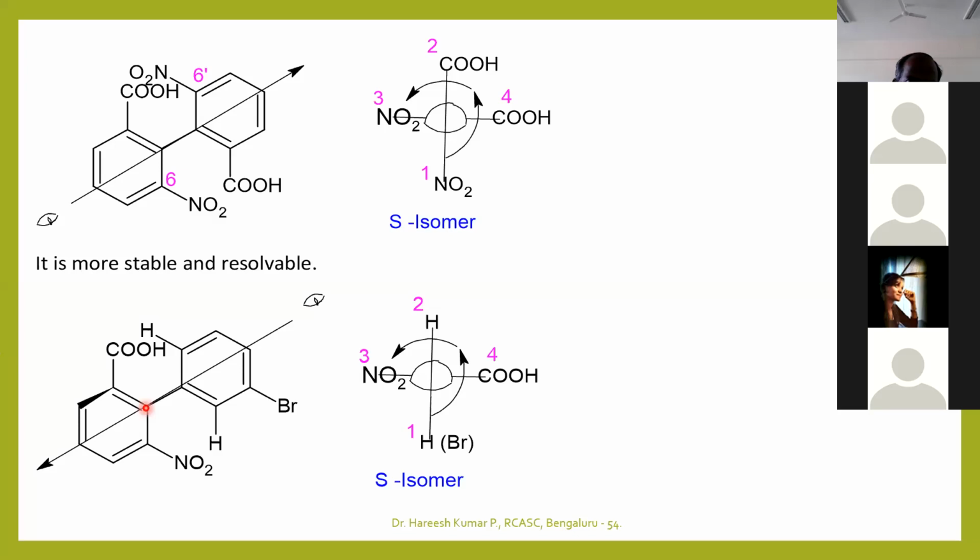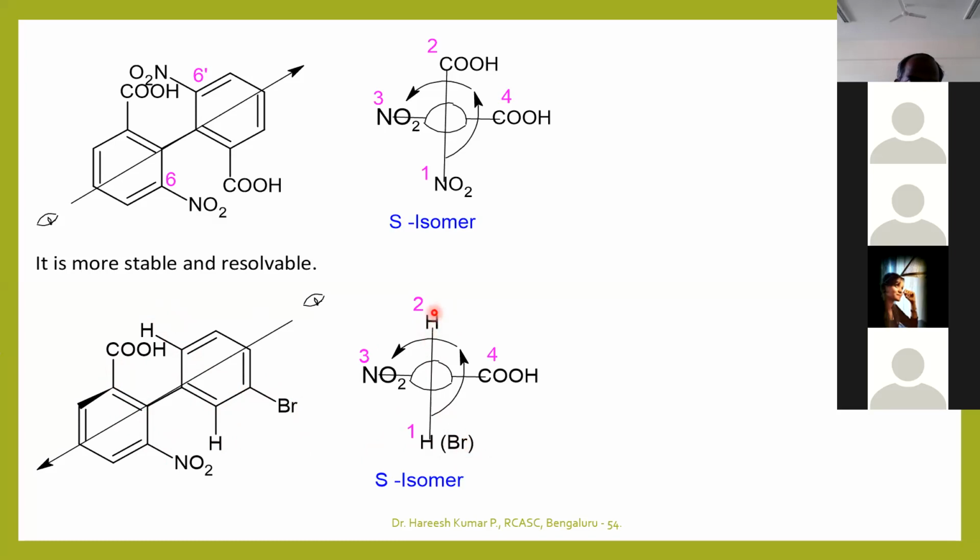And here what you need to remember, these groups are horizontal groups and these groups are vertical groups. So vertical means H is this, H is this. Next to the H, Br is there. That is accountable, so that is the reason I have written here.